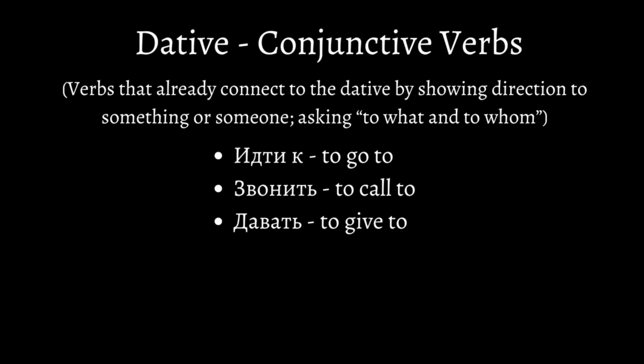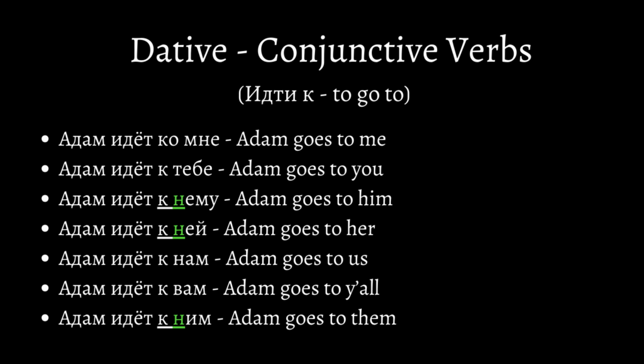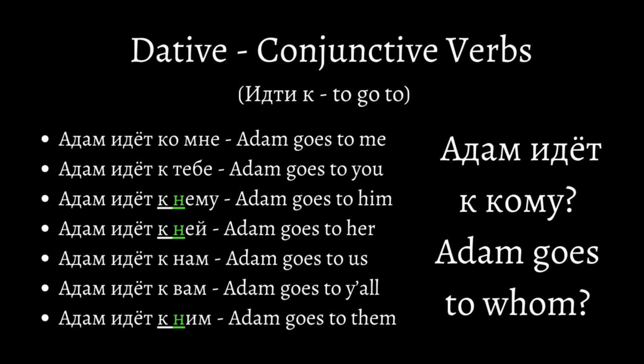All of these verbs are special because they all connect to some form of direction, with the simplest one being идти к. The most common examples can be Адам идет ко мне, Адам идет к тебе, and these are examples that I gave in the previous videos. Still, presenting them now is more valuable because we can now ask Адам идет к кому?